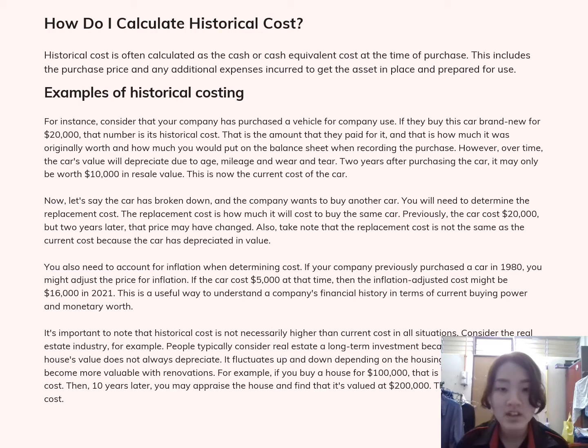For example, if you buy a house for 100,000, that is the house's historical cost. Then 10 years later, you might appraise the house and find that its value is 200,000. This is now the current cost.